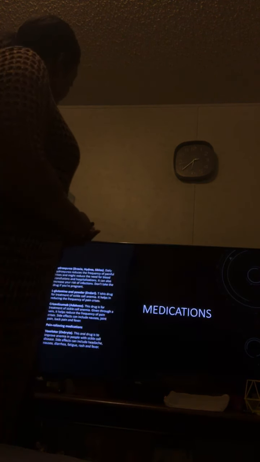Okay. All right. Medications. Okay, you have hydroxyurea, Hydrea, and Siklos. It says daily hydroxyurea reduces the frequency of painful crises and might reduce the need for blood transfusion and hospitalization. It can also increase your risk of infection.